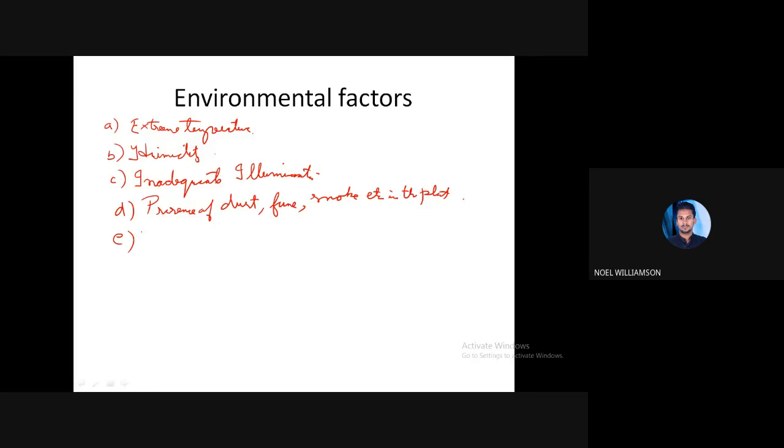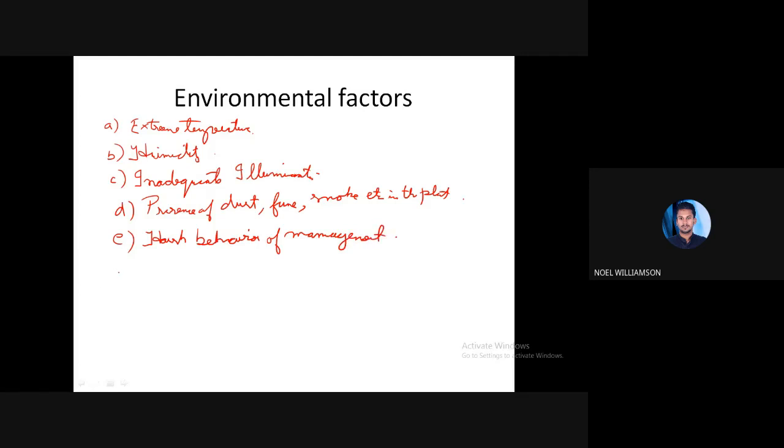It may affect the mental ability of the worker and may create some accidents. So harsh behavior of the management or the employer may also be considered as an environment.